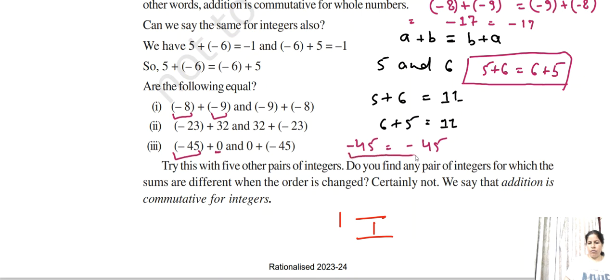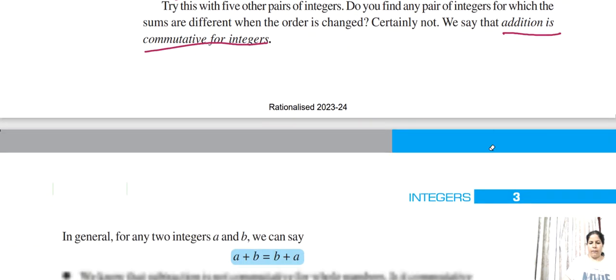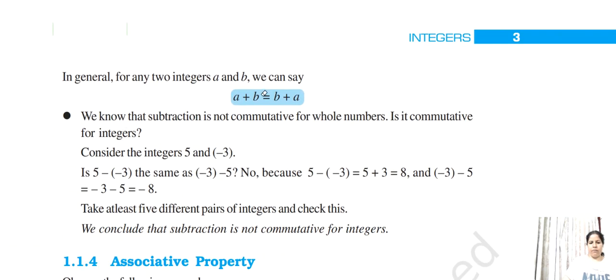So this is also following commutative property. Okay, then we can say that addition is commutative for integers. Yeah, a plus b equals b plus a. This is commutative property for integers, and we just checked it for addition of integers.